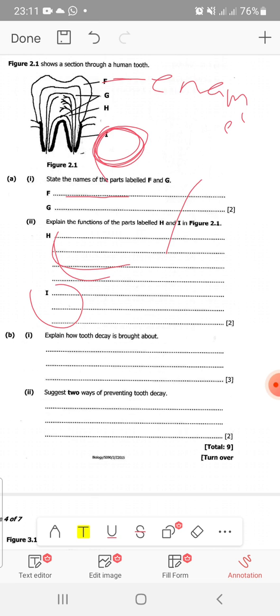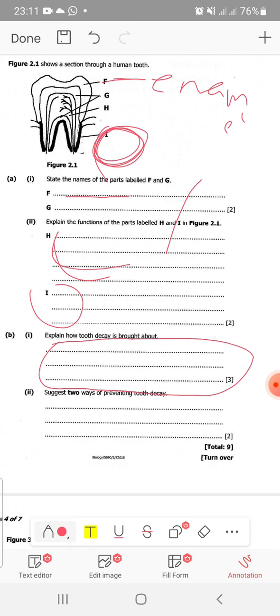This is brought about by eating too much sugary food, the food that contains sugars. The sugars are suitable for the development of bacteria, because bacteria use the sugars to produce the acid which wears away the enamel. The enamel is the white part which we see when you smile.